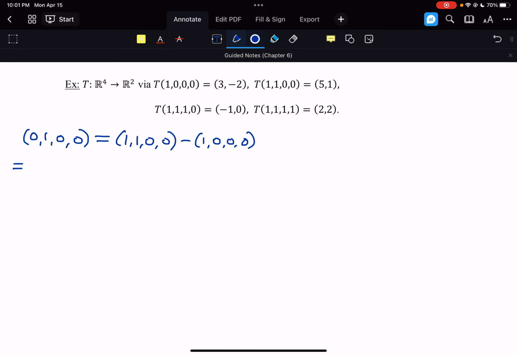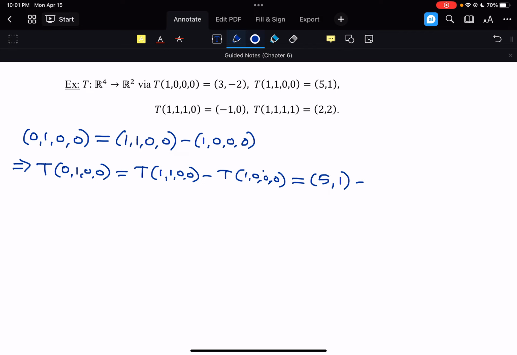What this gives us is, if we transform all of these, we know that the transformation of this one is 5, 1, minus the transformation of this one, 3, negative 2. So the transformation of 0, 1, 0, 0 is 2, 3.